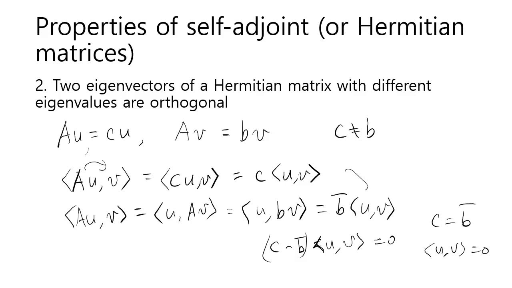Eigenvalues are real numbers if you have a Hermitian matrix. So saying that C and B bar are the same is exactly saying that C and B are the same, but that contradicts our assumption, so this cannot be. Therefore, the only way this is possible is if U inner product with V equals 0, but that's exactly what it means to be orthogonal. If the dot product of two vectors is 0, then you say that the two vectors are orthogonal.